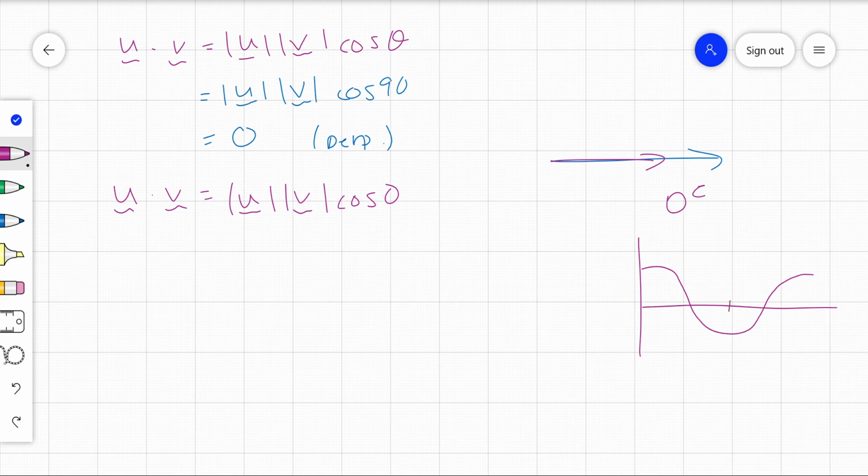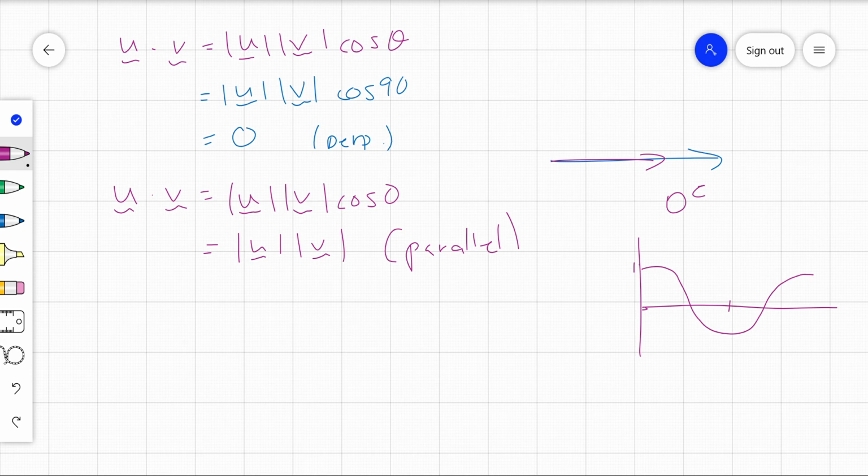Cos of 0 we know is 1, so you would just get |u||v|. So if they're parallel vectors, the dot product is just the multiplication of their magnitudes.